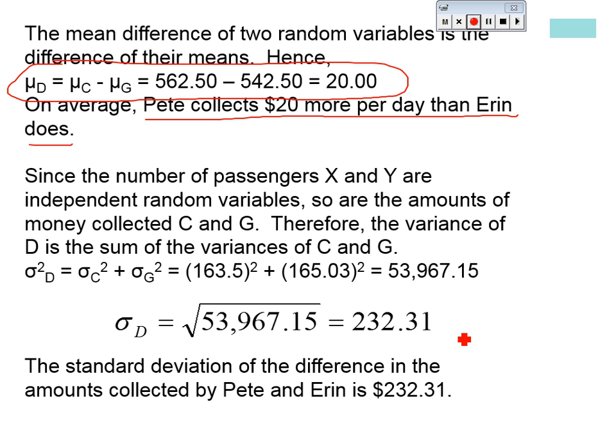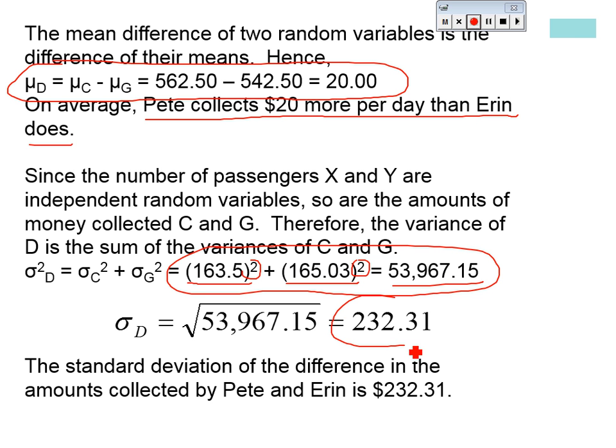Well, if we take the formula for combining the random variables for standard deviation, we would take the standard deviation of how much money Pete collects, which is 163.5, and if we square that and we add that to the standard deviation of the amount of money that Aaron collects, which is 165.03, and we square that, if we find the sum of that, we get 53,967.15, and if we take the square root of that, we end up with a standard deviation of 232.31, which basically means the standard deviation of the difference in the amounts that they collect would be roughly $232.31.